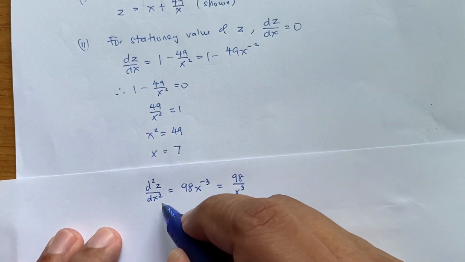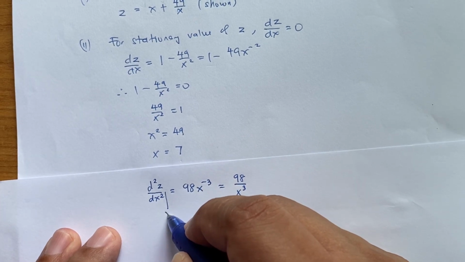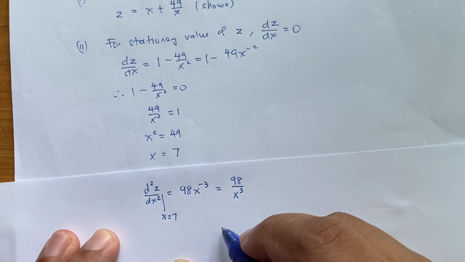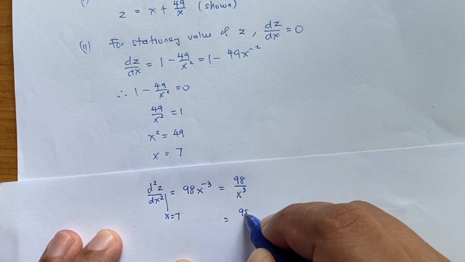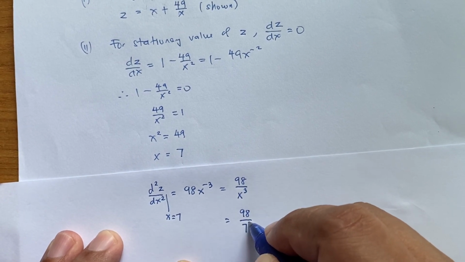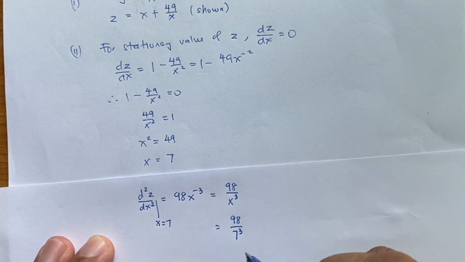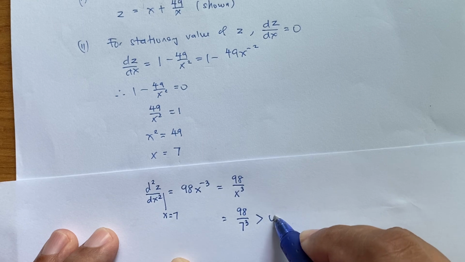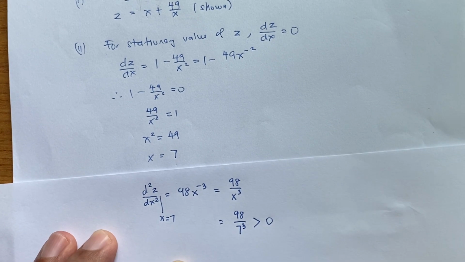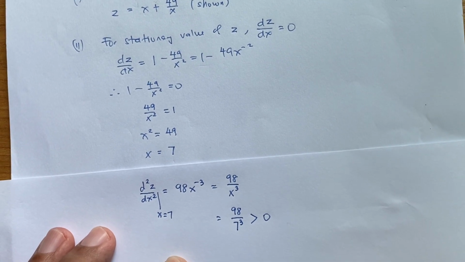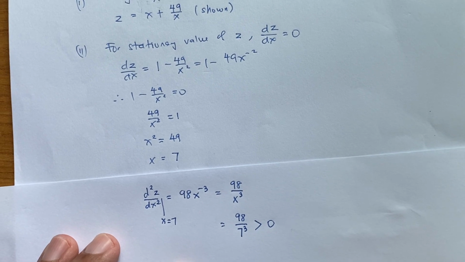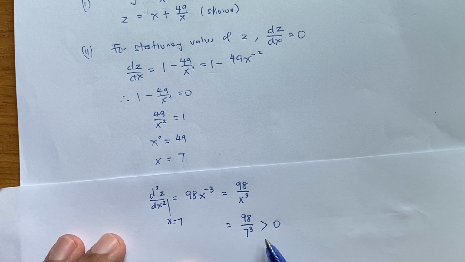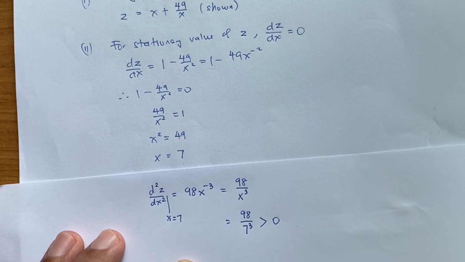Now we are going to evaluate this at x equals 7. This shall be 98 over 7 cubed, which will definitely give us more than 0. We need not actually work out the value; we need to know the sign. For the second derivative test, we need to know whether it is positive or negative, more than 0 or less than 0.